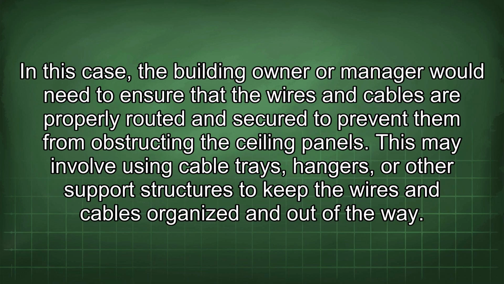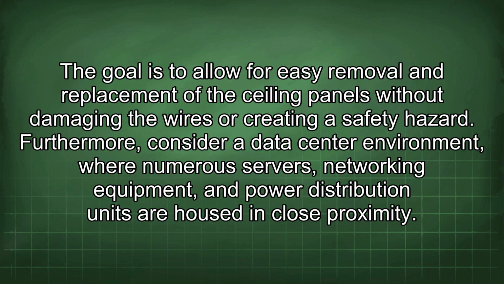In this case, the building owner or manager would need to ensure that the wires and cables are properly routed and secured to prevent them from obstructing the ceiling panels. This may involve using cable trays, hangers, or other support structures to keep the wires and cables organized and out of the way. The goal is to allow for easy removal and replacement of the ceiling panels without damaging the wires or creating a safety hazard.